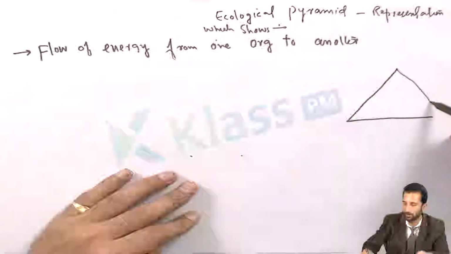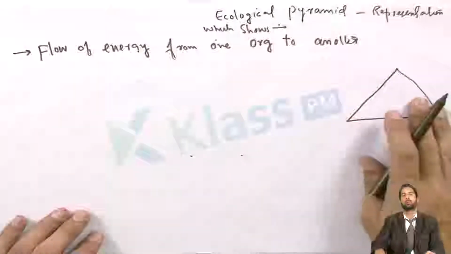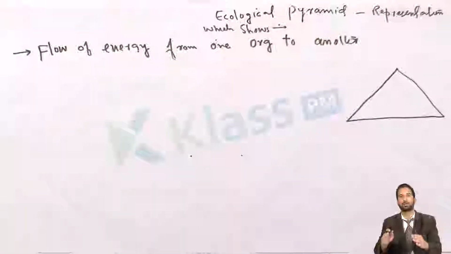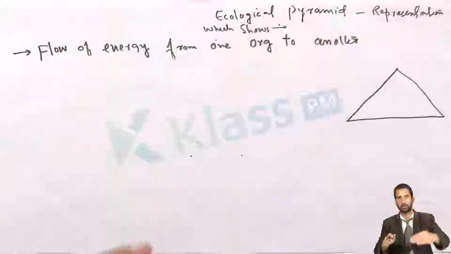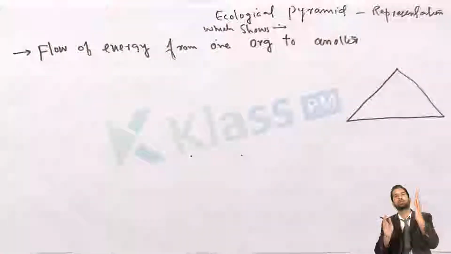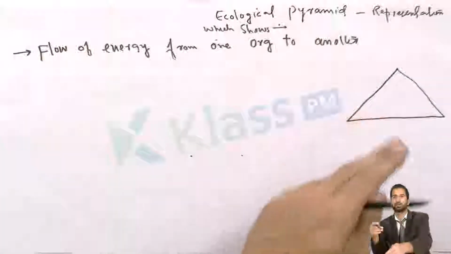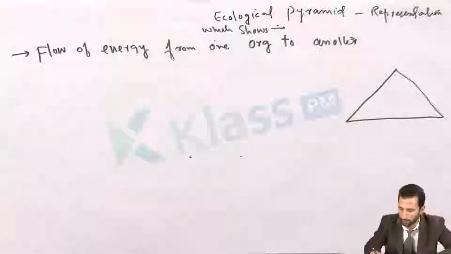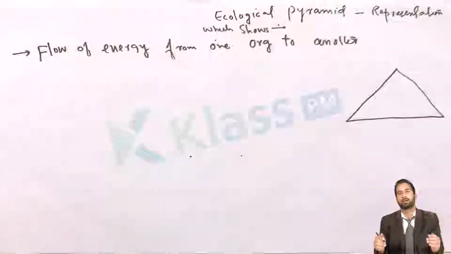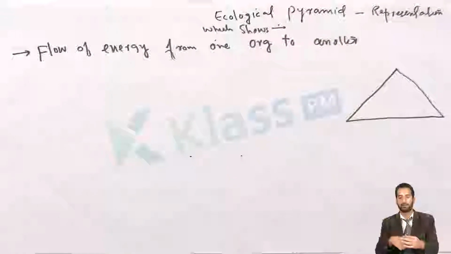It is an erect pyramid which shows you the unidirectional flow of the transfer of the energy in the environment, how the energy is transferred from one trophic level to another trophic level. This is represented graphically in the trophic levels. So I will explain to you what a trophic level is. The ecological pyramid is the representation which shows you the flow of energy from one organism to another.